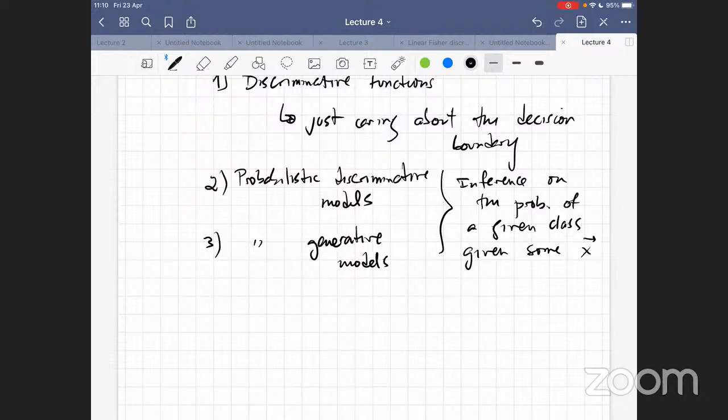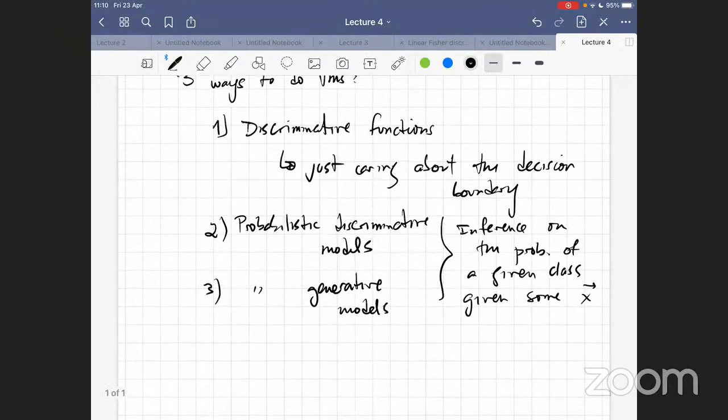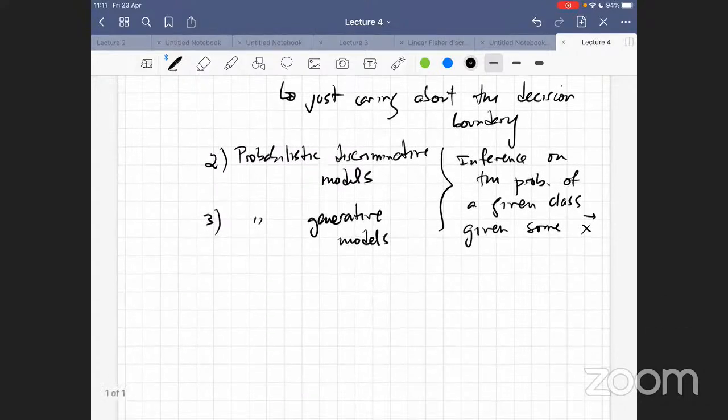At the end of the day, the scope is to report the probabilities for the classes, right? So during today, we'll see examples of each of these three ways to do classification. Let's start with discriminative functions.